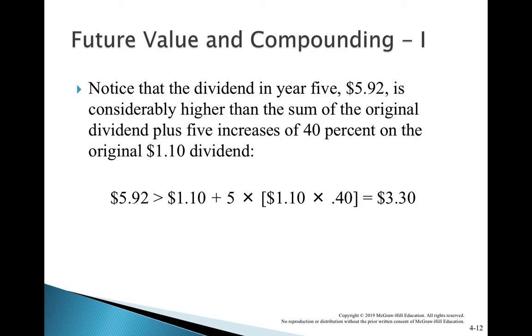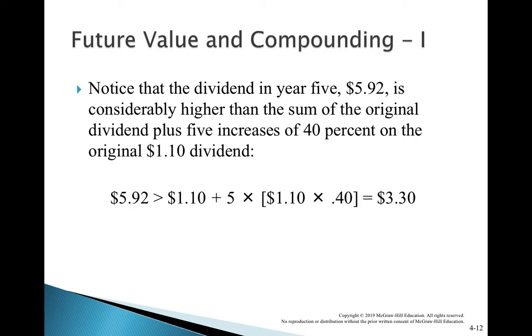How is it possible? Do you understand? The dividend paid now is 1.10. The yearly growth expected is 40%. 40% of 1.10 held for 5 years, multiplied by 5, plus the original dividend, is equal to 3.30.